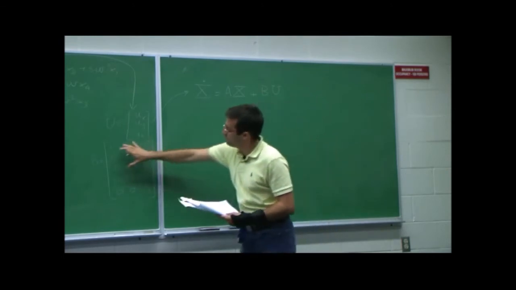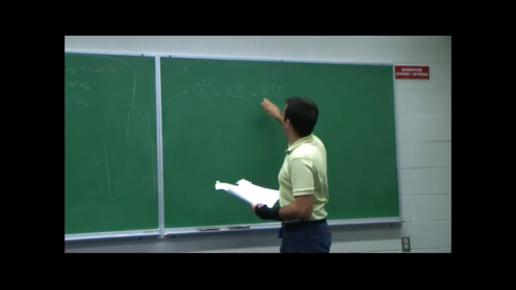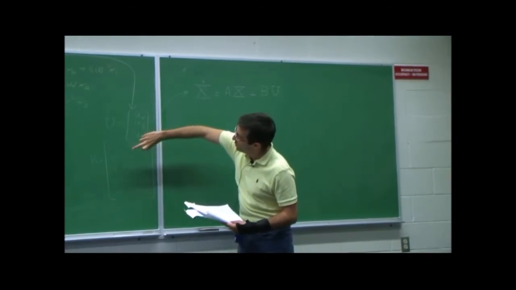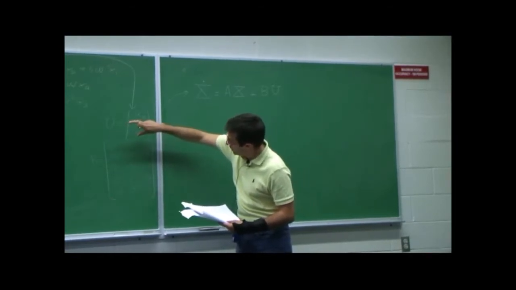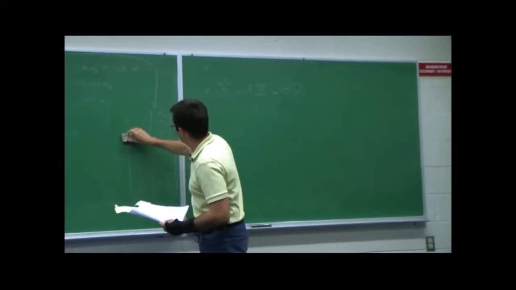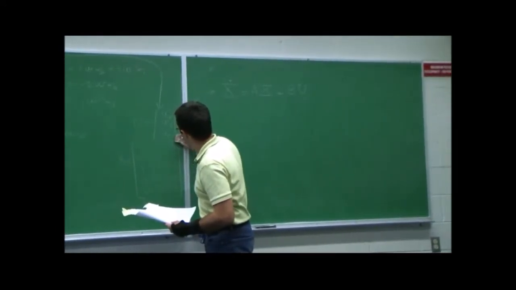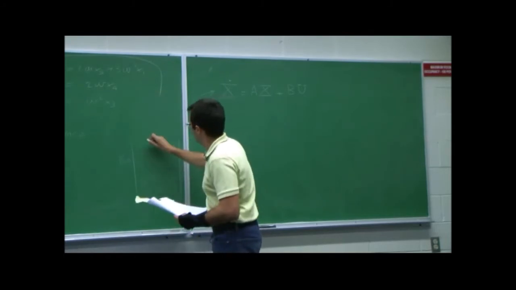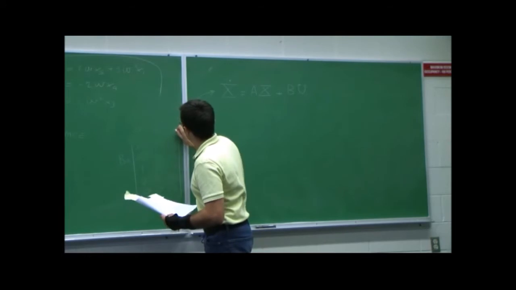And that's why I've chosen B in this form, because I need to map a 3-component column vector into a, I think I skipped one, right? I'm missing one, yes. I need an additional line of zeros. Just make space on top. 1, 2, and 3.